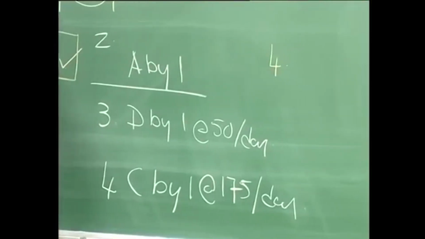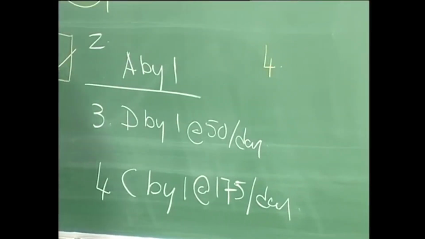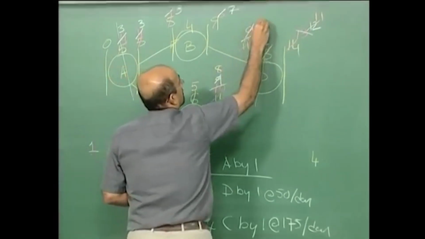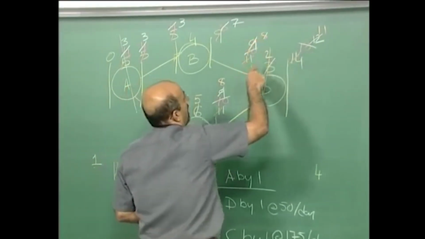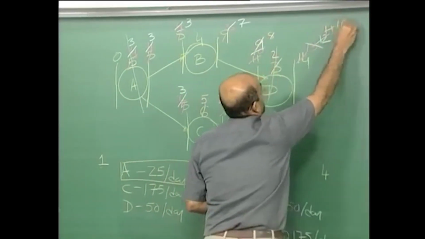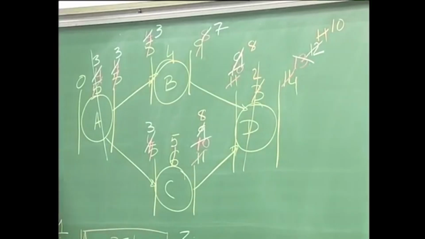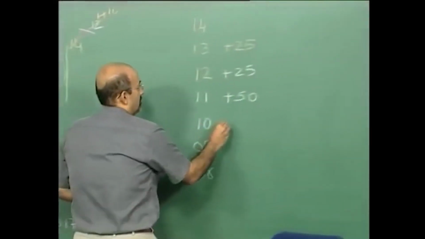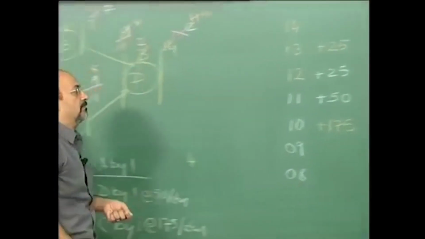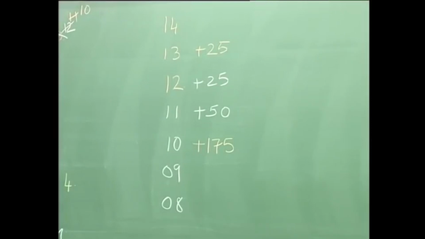So I am taking it down to 5, and this was now 2, going to 10. Okay, so to get it at 10, it's another 175. Fine.